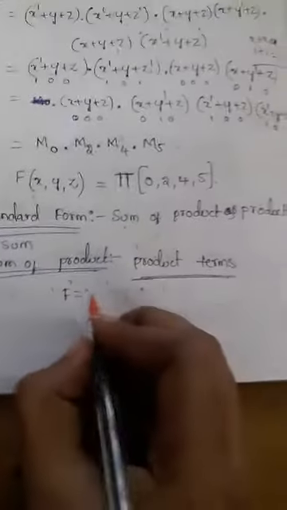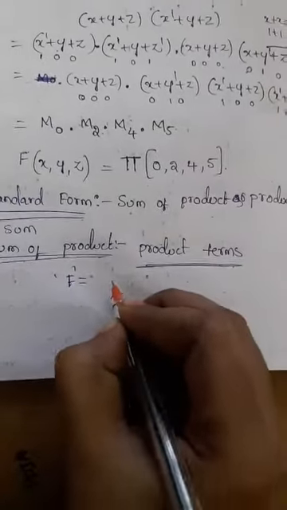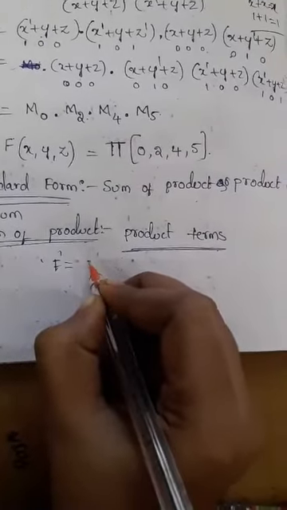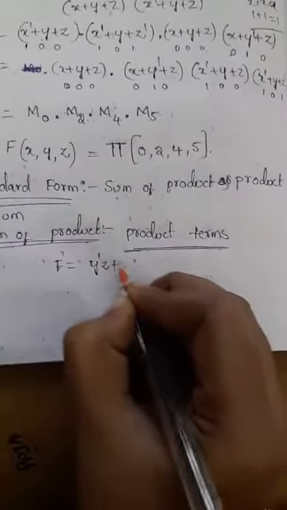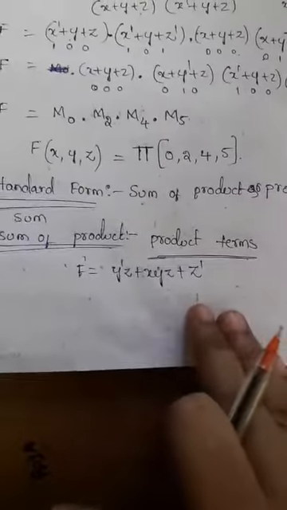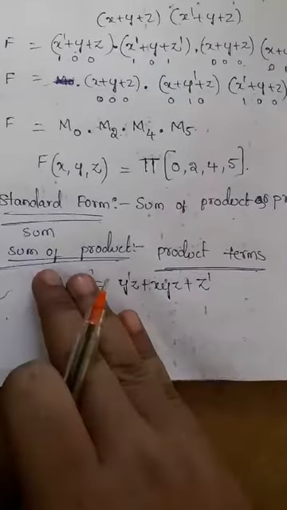I can consider one example for this sum of product, like y complement z plus x y z plus z complement. Like this we can represent the equation in the form of sum of product.